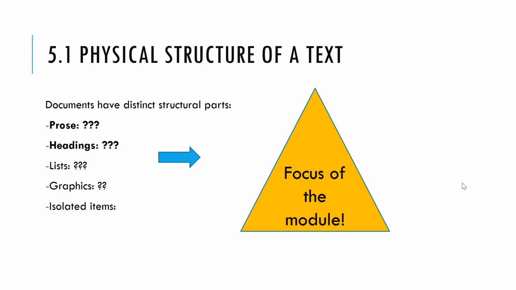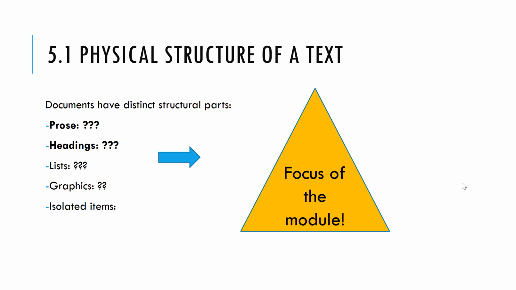These are often intermixed with the consecutive prose, but sometimes they are located in a separate part of the document, devoted specifically to graphics. And the last structural part of a document is isolated items, like the footnotes, endnotes, captions of graphics and tables, or labels on diagrams, etc.